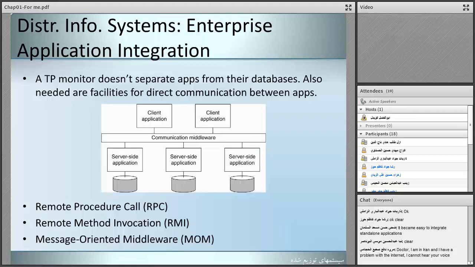Different things can create some messages and send them to other computers or other machines. Why do we use these methods, RPC, RMI, or MOM, to connect applications in a distributed system?